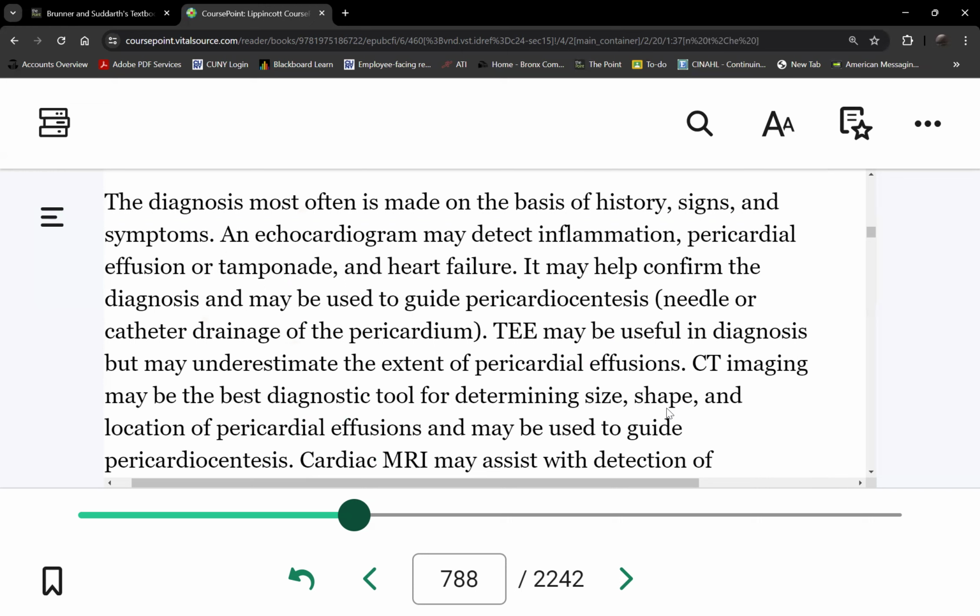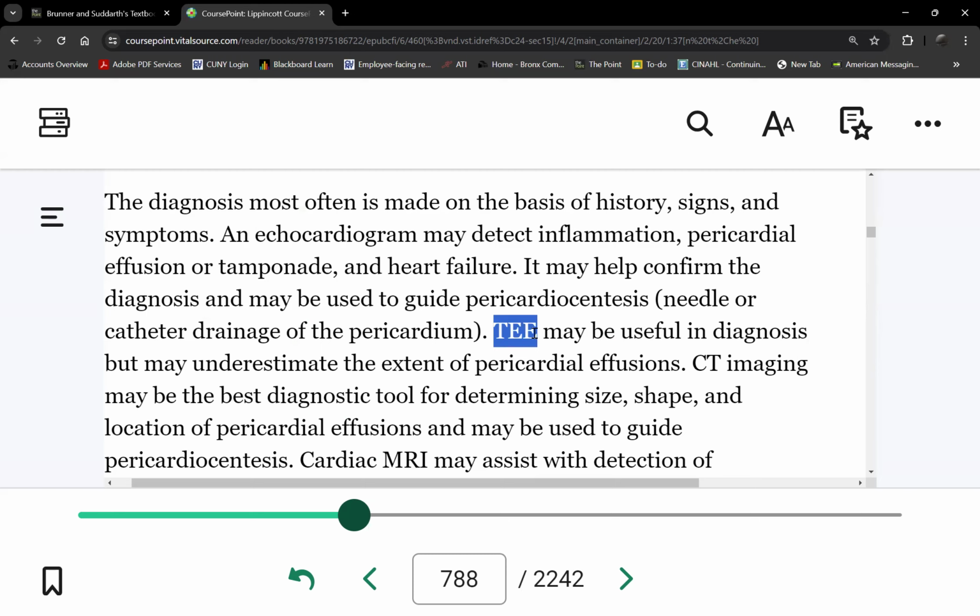Now, diagnostic testing, we're gonna do an echocardiogram because there are 2 types. We have transthoracic, meaning we will just put the probe over your chest wall, just like a regular ultrasound, and look at the picture of your heart. Or to get a bigger or clearer picture, we'll do a TEE.